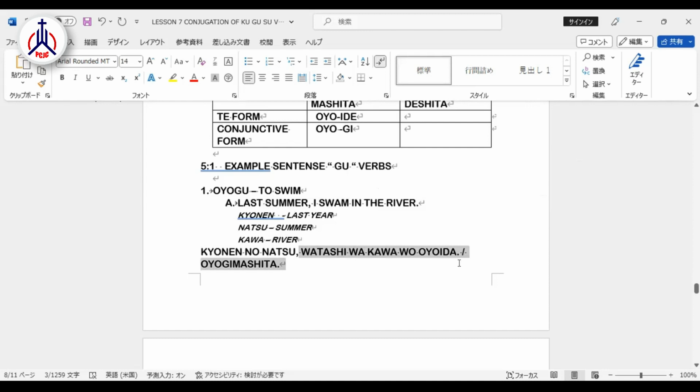Kyonen no natsu, watashi wa kawa wo oyoida. Again, the verb is always at the end. And if it is past, formal tense, kyonen no natsu, watashi wa kawa wo oyogimashita. Okay, next.